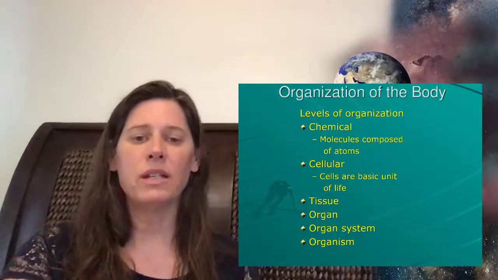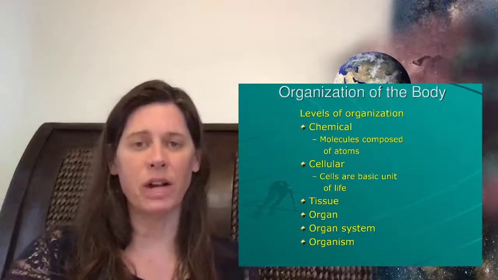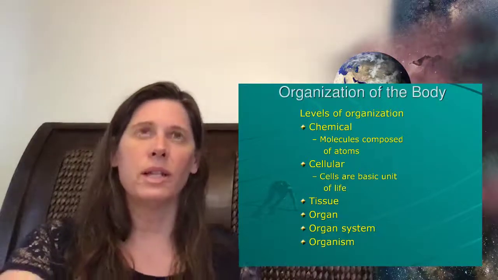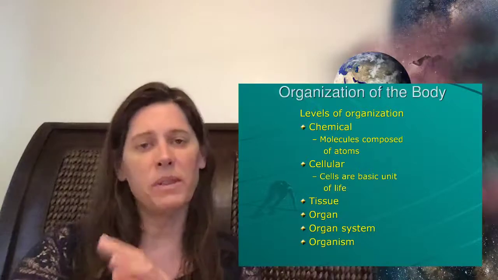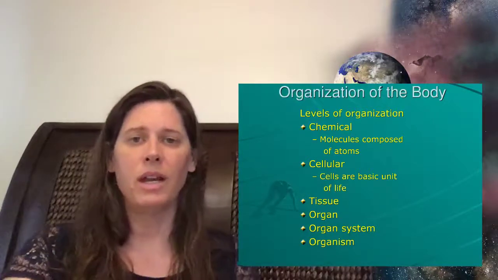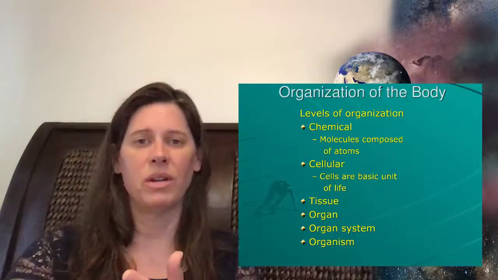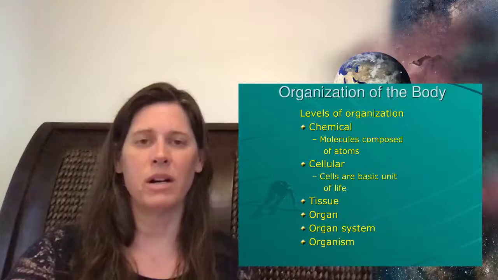Okay, so to continue, those 4 main tissue types can now interact in order to form an organ. Okay, so let's use the stomach, for example. The inner lining of the stomach, the very inside, is epithelial tissue. Okay, if we go the layer outside of that, that's connective tissue. And then infused within the connective tissue, nerves run through there.